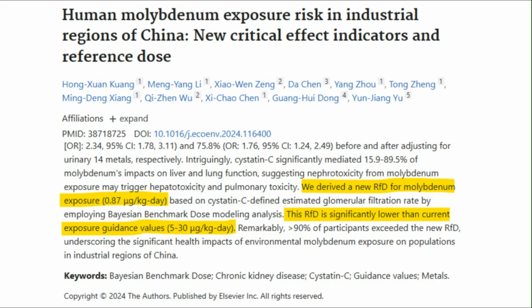Most of the doses are like Mozyme is 50 micrograms, but then the Mozyme Forte is 150 micrograms. And then there's molybdate supplements out there that are 400 micrograms. So we're consuming a lot more of this.